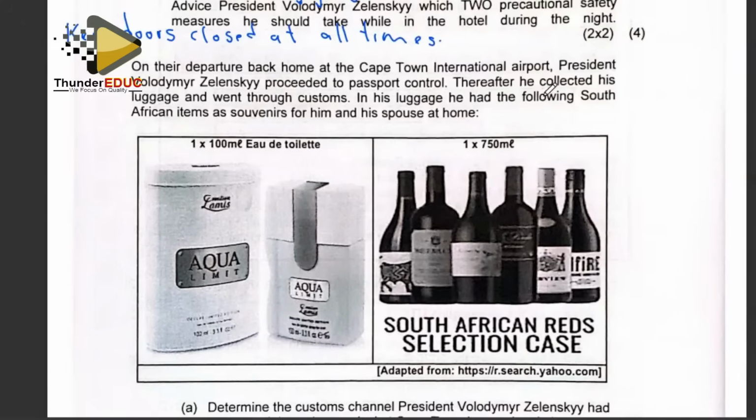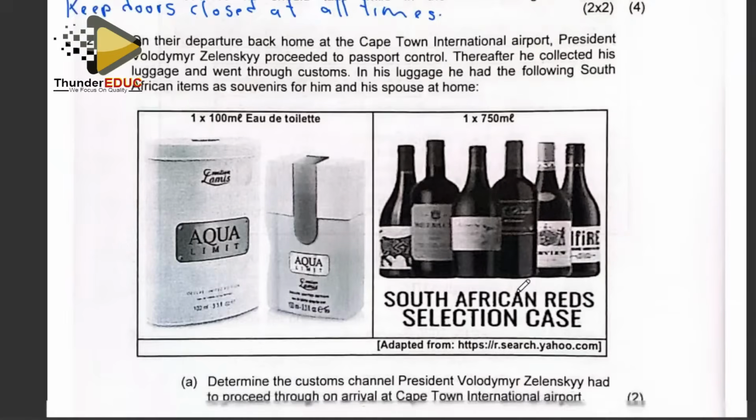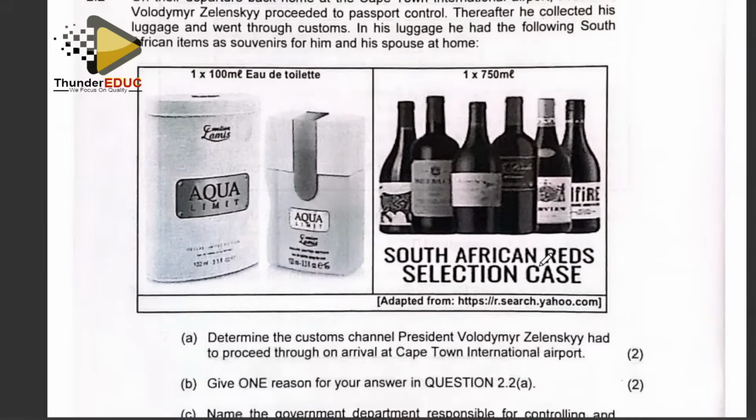Then determine the customs channel President Zelensky had to proceed to on arrival at Cape Town International Airport. So he was supposed to follow the green channel, because if you look at these items, these are considered to be duty-free goods. So green channel. That is the first question.